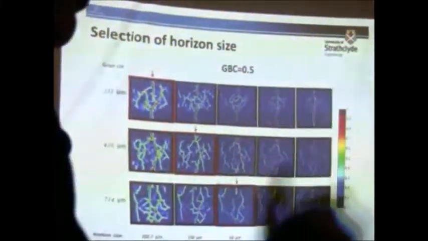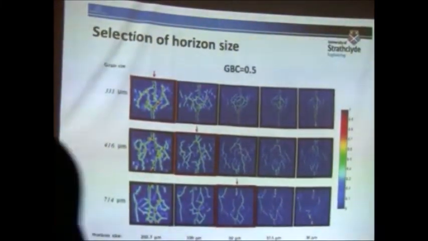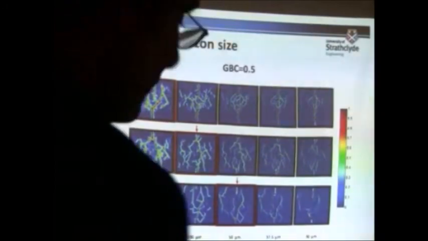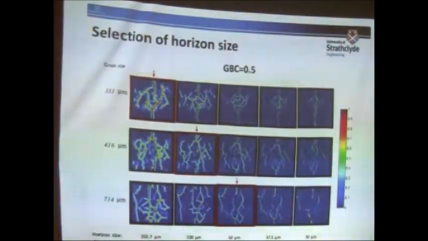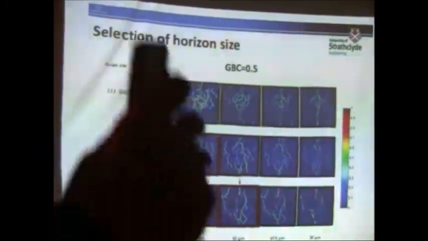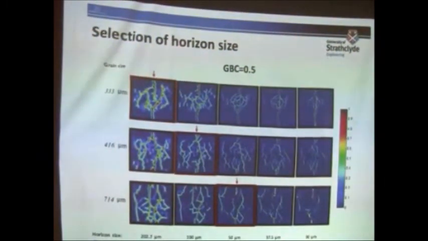So we are just trying to find an optimum discretization size. Here, this is the coarser discretization, and this part is the finest discretization. And here we have different grain sizes going from the top to the bottom. And in this particular case, we are analyzing a weaker grain boundary strength.